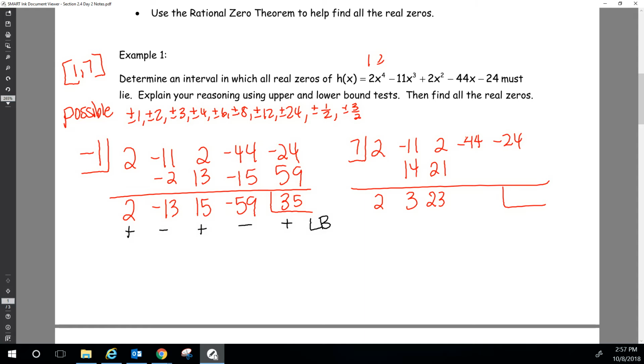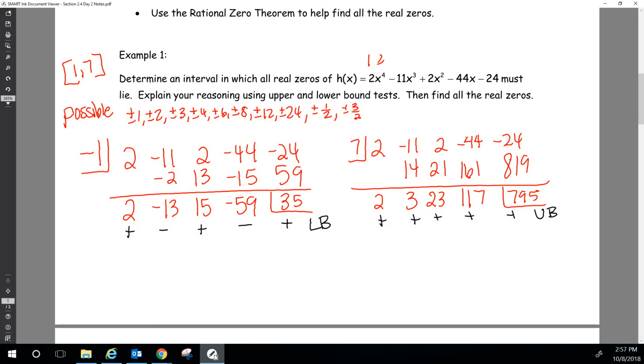Sorry, having to grab my calculator here. 23 times 7 is 161, minus 44 is 117, times 7 is 819, minus 24 is 795. And notice now we are all positive down here, which means this is a good upper bound.